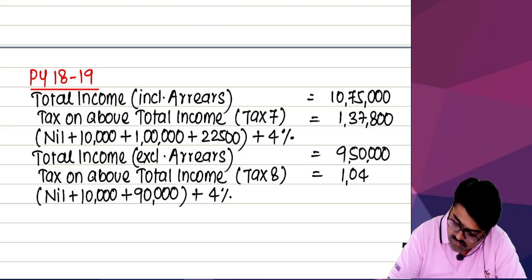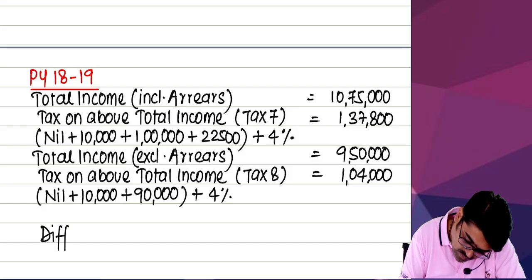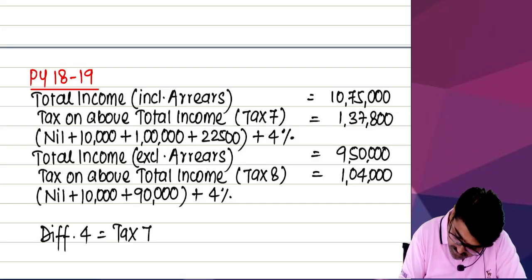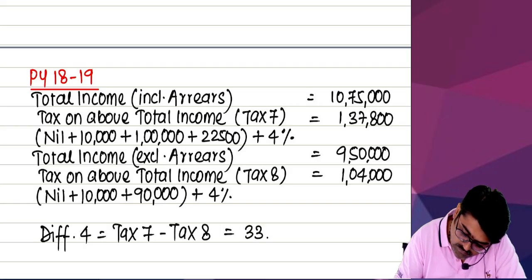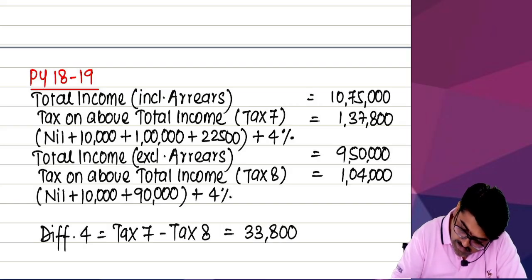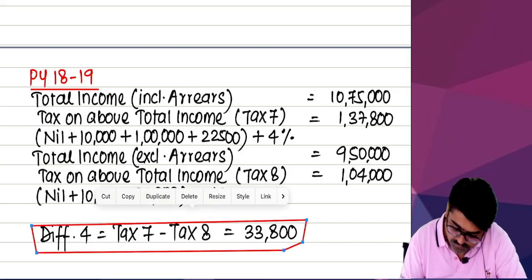Everyone getting this? Now difference 4 is equal to tax 7 minus tax 8. How much? 33,800.